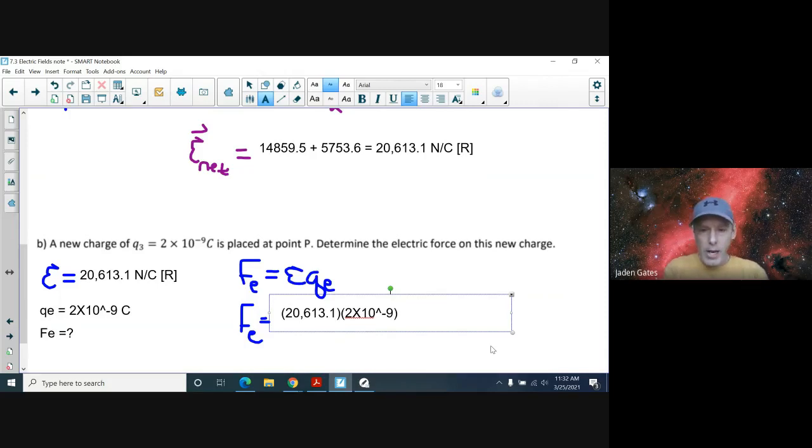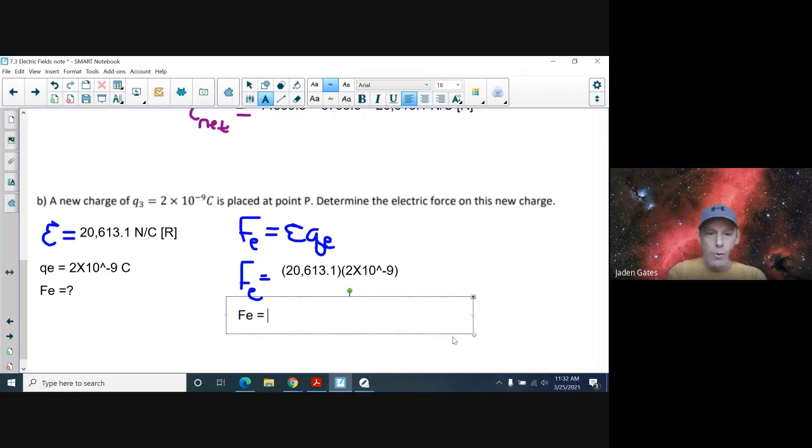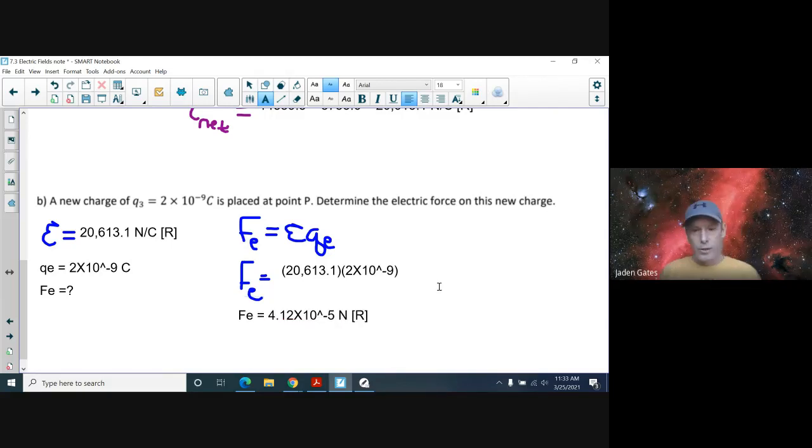When I multiply those together, my electric force is equal to 4.12 times 10 to the power of -5 newtons, and because it's positive, this force is to the right.